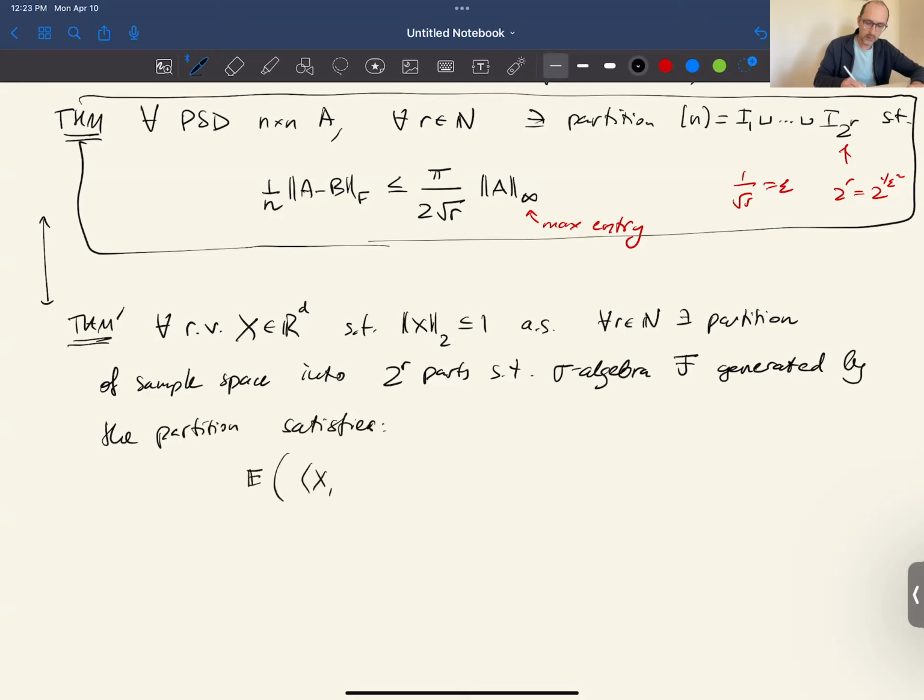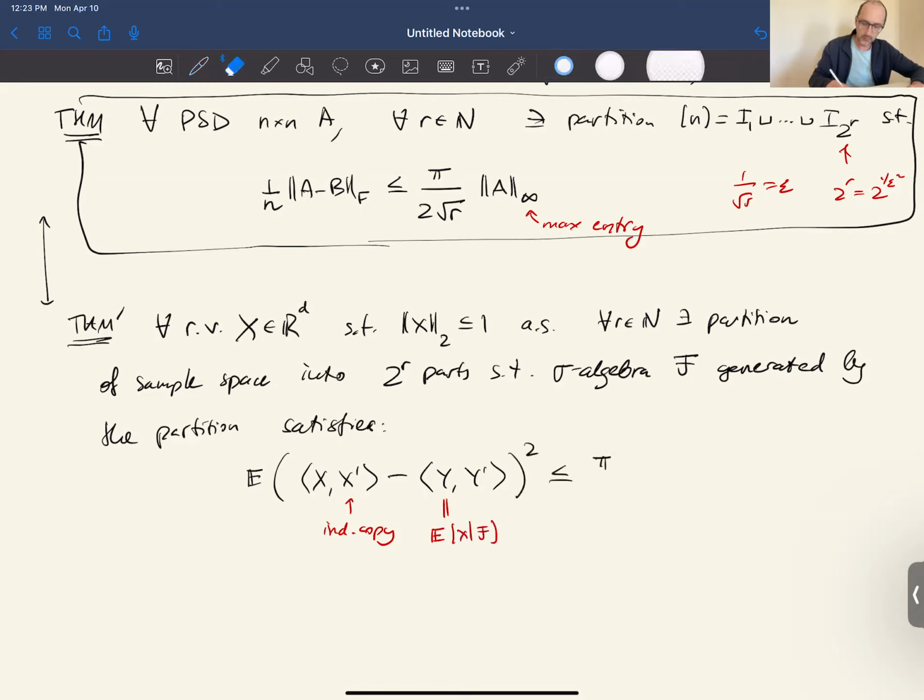You look at the inner product between x and x prime, where x prime is an independent copy of x. You compare this with y and y prime, where y is the conditional expectation of x, and y prime is its independent copy. And this is the error, at most 4 over r.